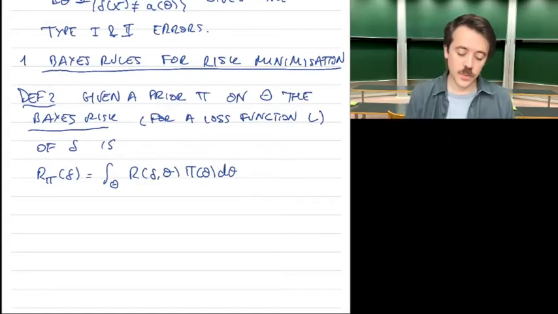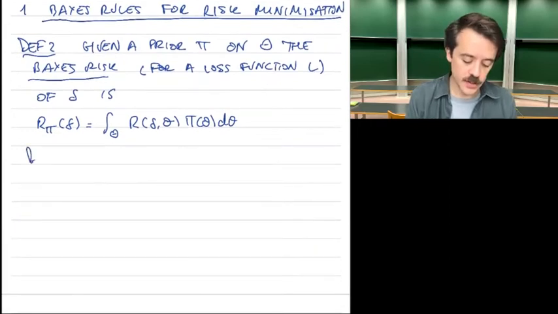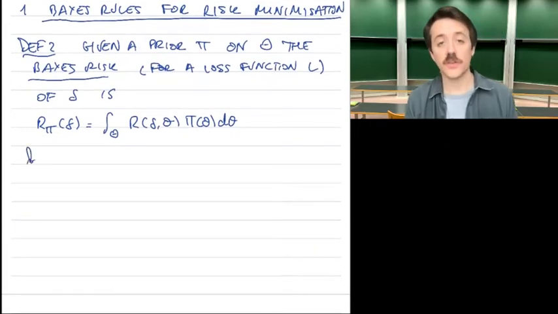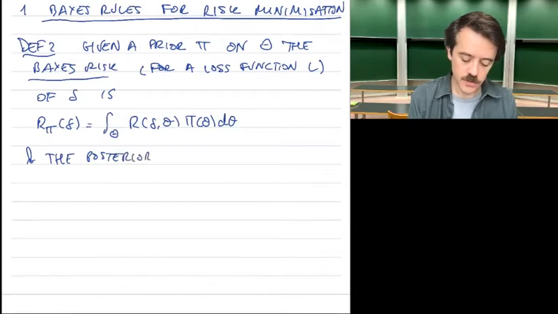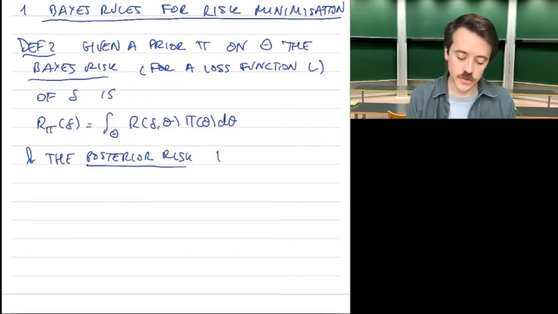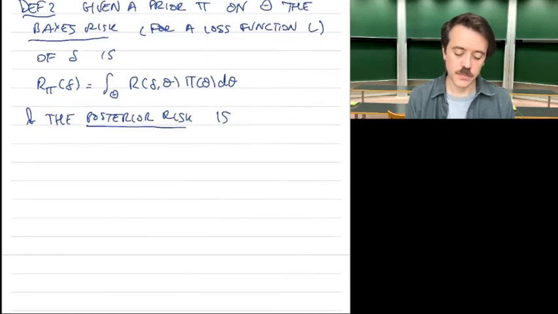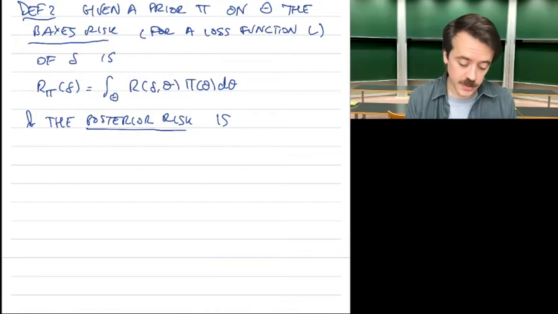So this is one thing that we defined, and then let me also define the so-called posterior risk. The posterior risk is given by what you're probably expecting, which is simply the expectation on the posterior. And how can we denote that?